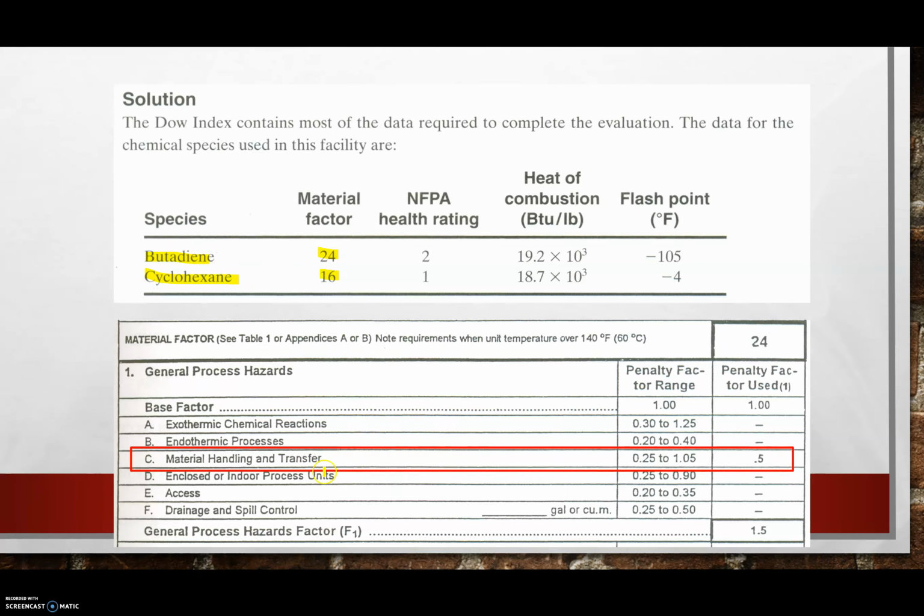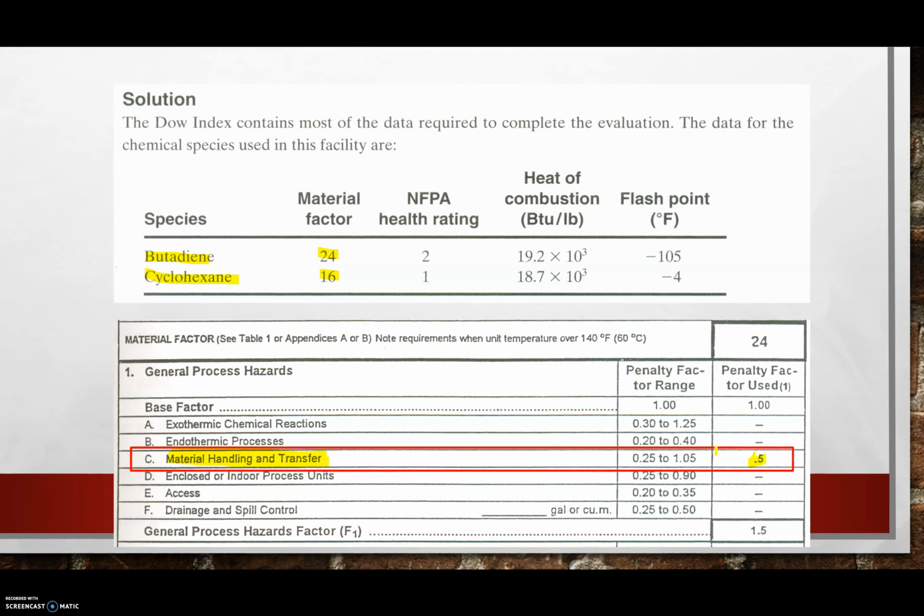So factor 3 will be multiplied with the material factor. Okay, so this is the toughest part. How about the material handling and transfer? What is the penalty factor used? From here they give 0.5 based on their survey.